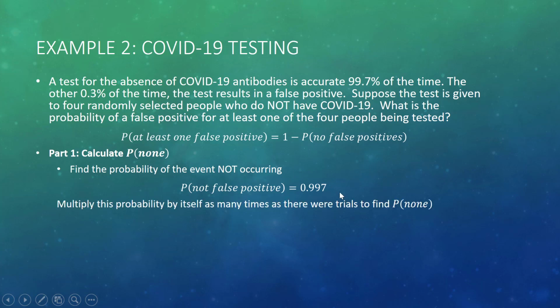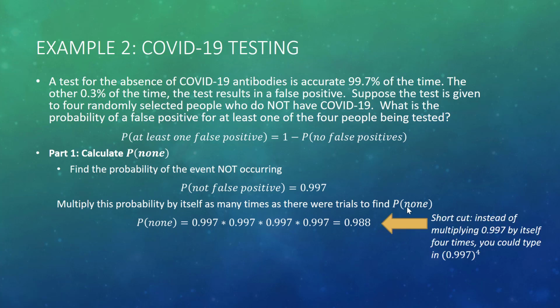Then we take this probability and we multiply it by itself as many times as there were trials. So you can see here we're looking at 4 people. So we multiply it by itself 1, 2, 3, 4 times. And that gives us about 0.988. Now, as you can see, as the number of trials increases, right now we're only multiplying this number by itself 4 times, but if we were doing this 8 or 9 times, it becomes somewhat cumbersome to type into a calculator.